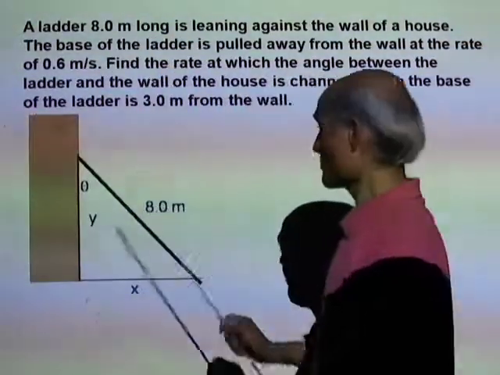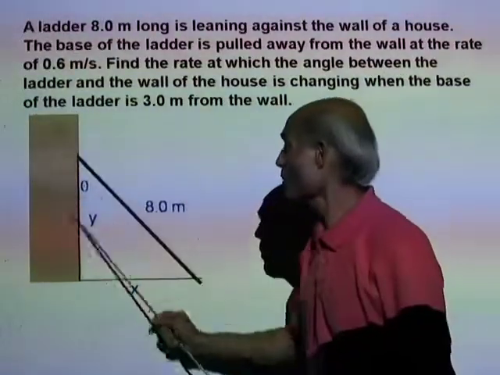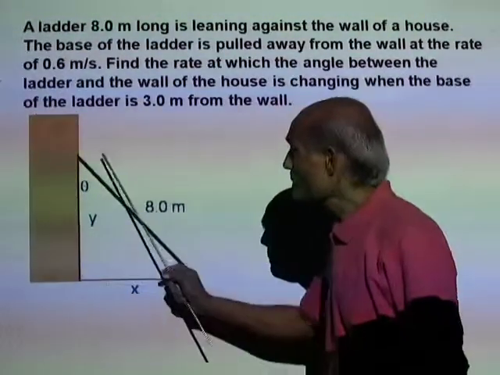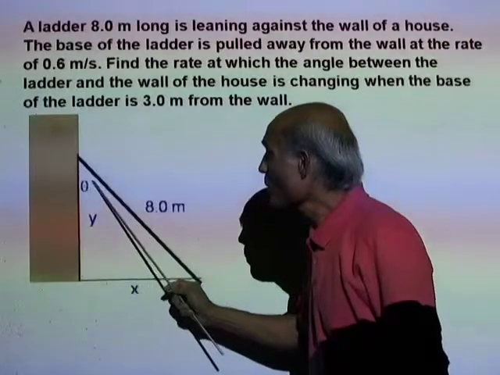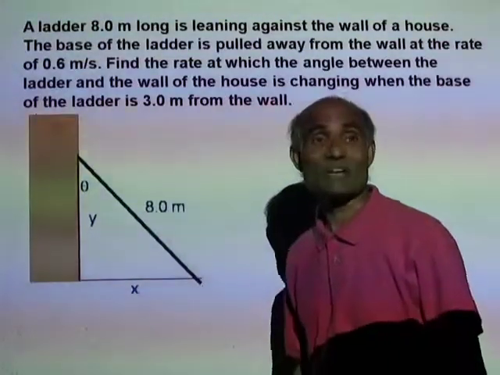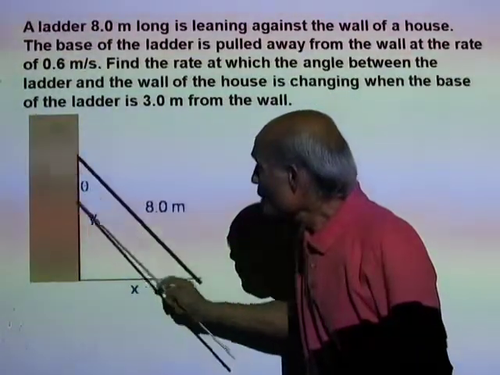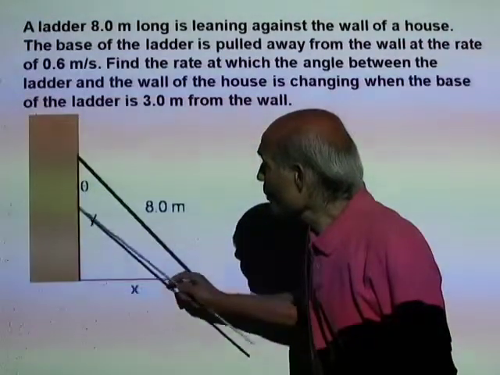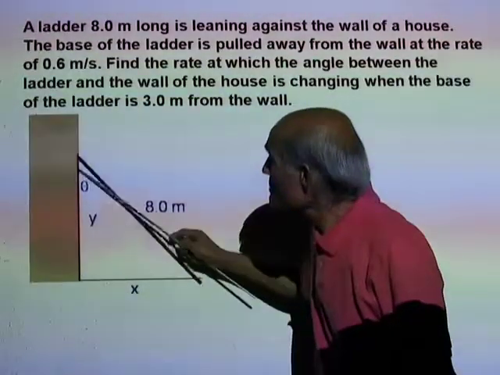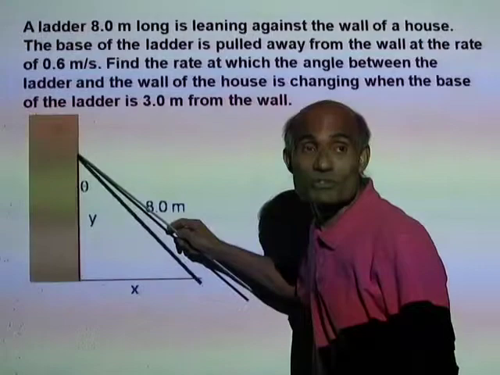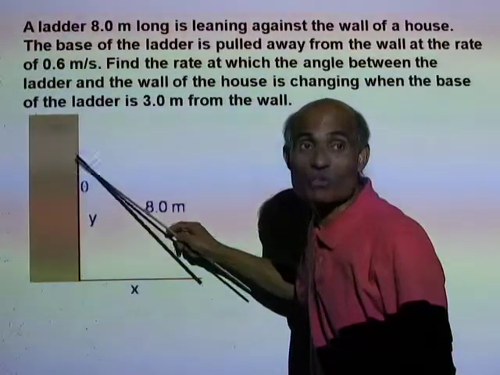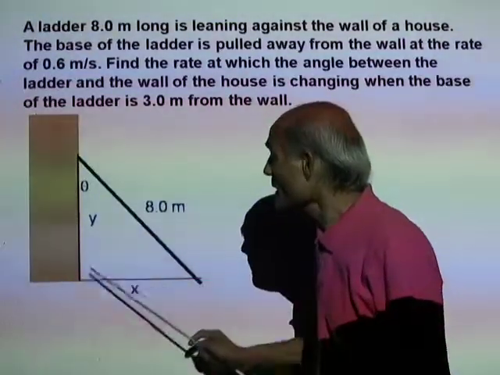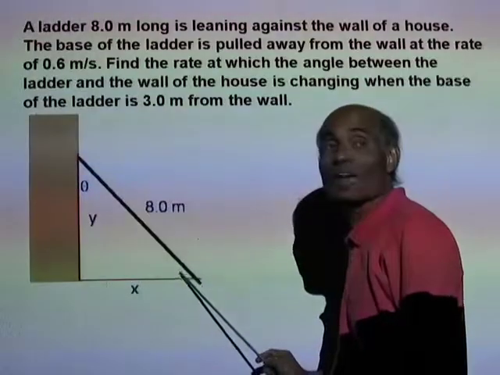Well, that is the diagram I have drawn for you. That's the wall, that's the ladder. The angle between the wall and the ladder is theta, and the height of the wall from the base to the point where the ladder is touching the wall is y, and this length is x.